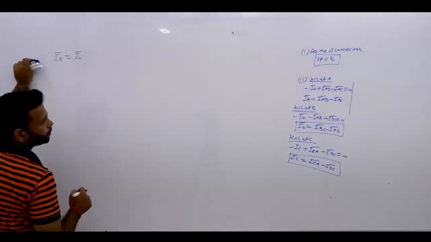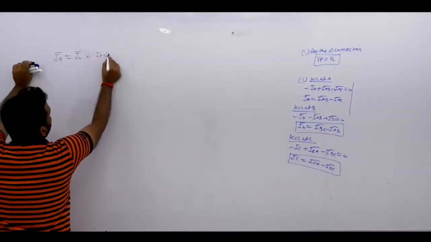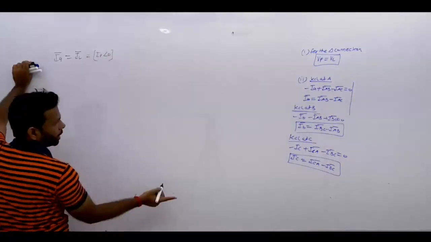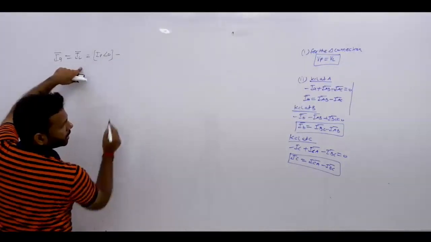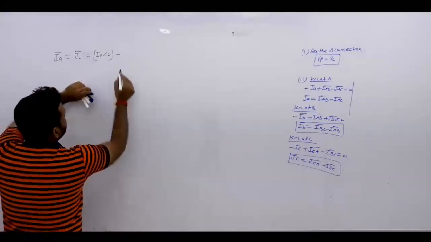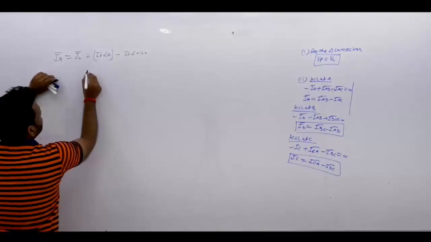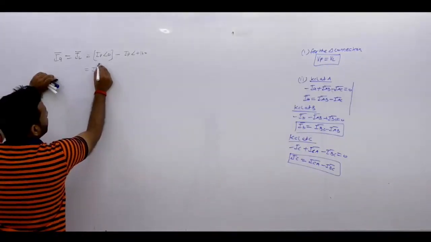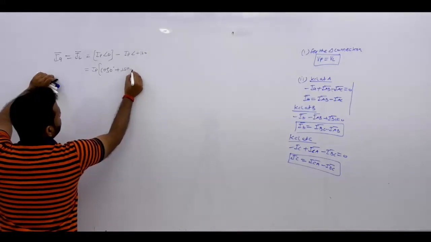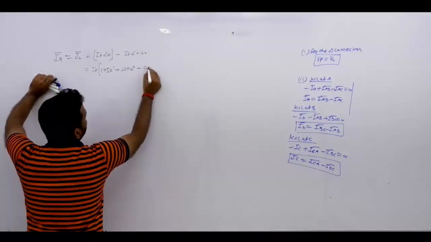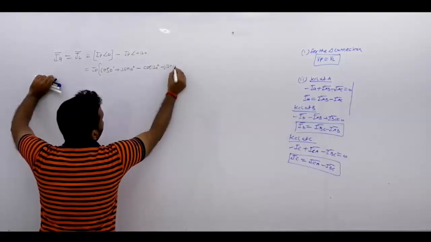Now what is IAB? If you see, IAB is what? IP angle 0 degree. If you remember, अभी हमने लिखा, then it is IAC, na. IAC is what? IP angle plus 120 degree. ठीक है यहाँ तक. So if you solve this IP common, then it is cos 0 plus j sin 0 minus cos 120 degree minus j sin 120 degree.